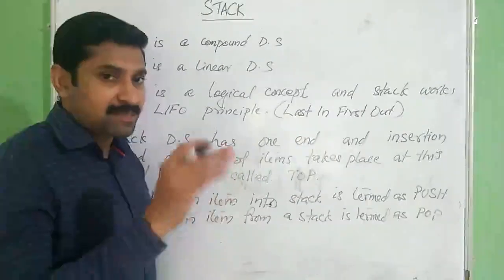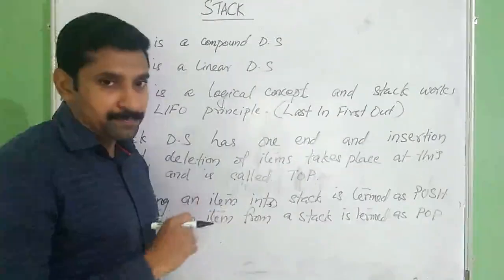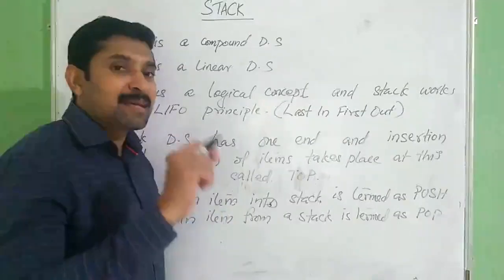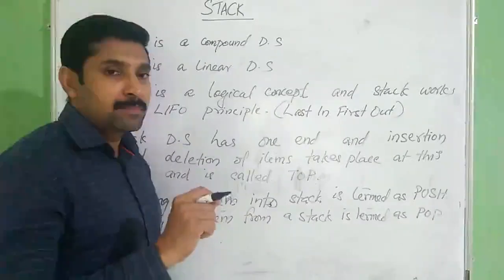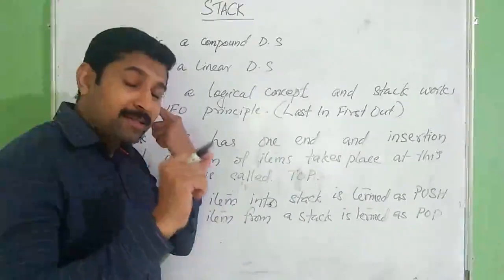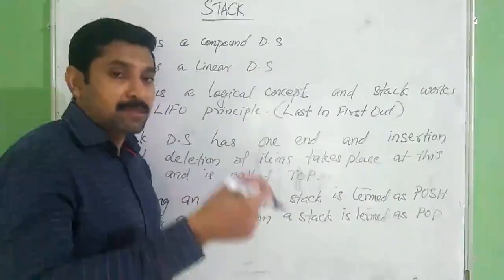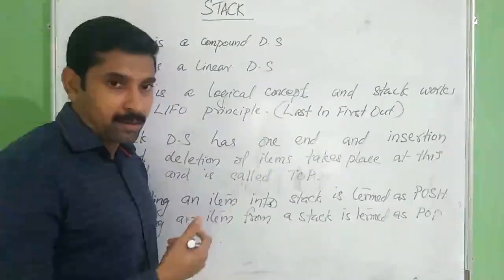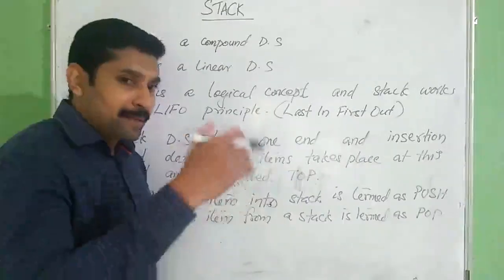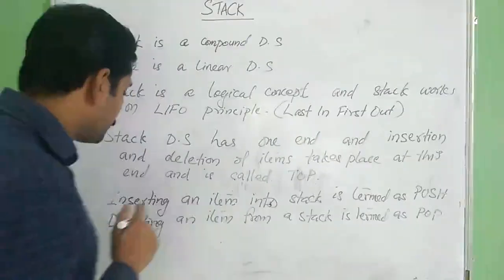There is no space in the stack to accommodate the new item. So it generates a message called stack overflow. So when the user tries to insert an item into a full stack, it cannot accommodate that item. So such a situation is called stack overflow.